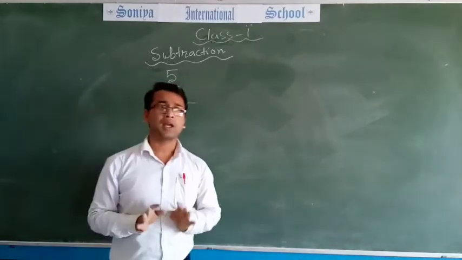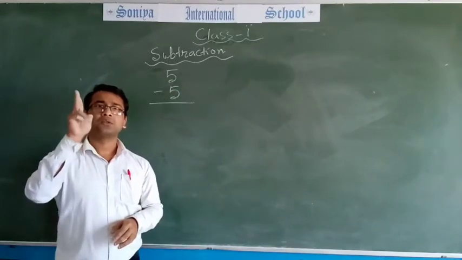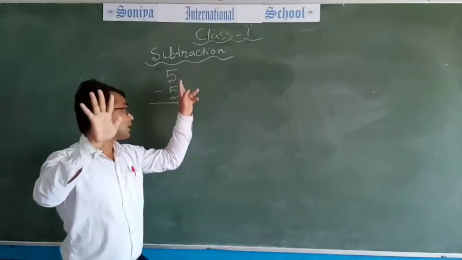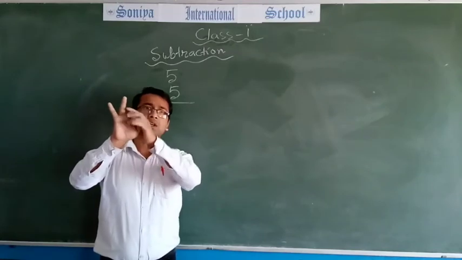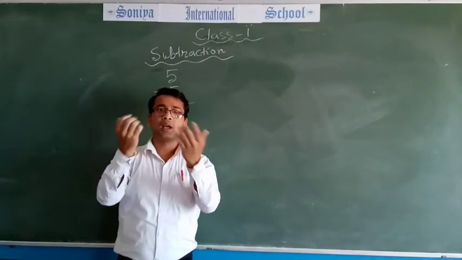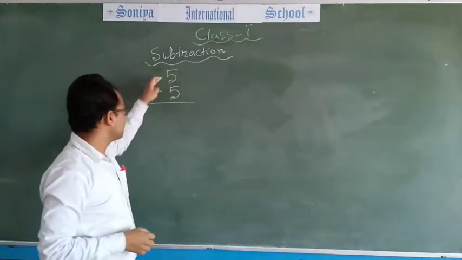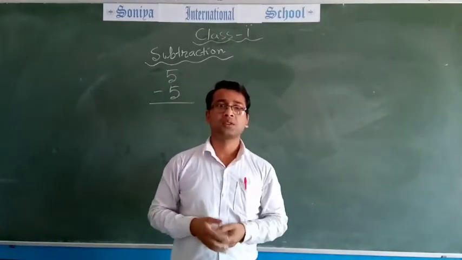Then count 5 more fingers. 1, 2, 3, 4, 5. 5 fingers and left 5. Then 1, 2, 3, 4, 5. How many left with me? Nothing. Then 5 minus 5 is equal to nothing. Nothing means 0.